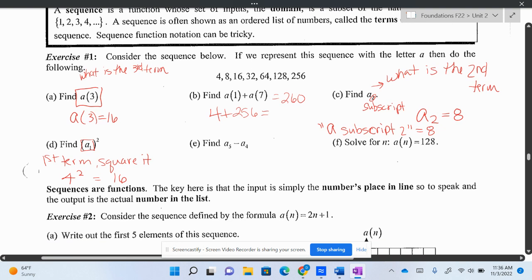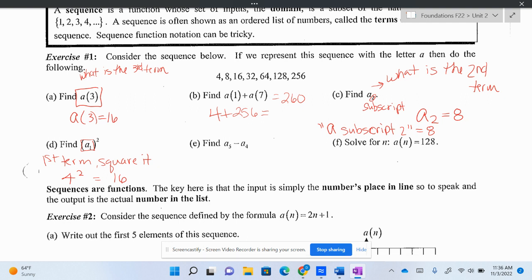Okay. What does example E say to do? a subscript 5 minus a subscript 4. So what does that mean? What is it saying in your brain? What are you thinking? Find the what number?